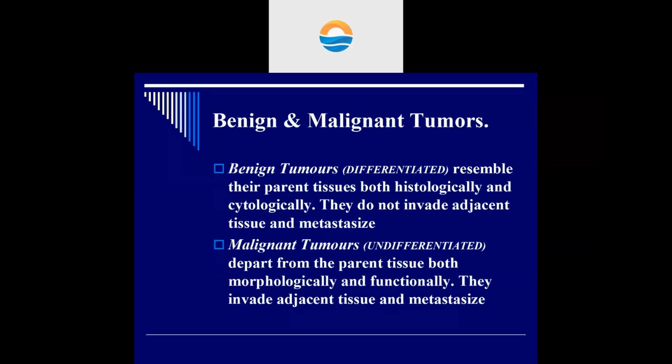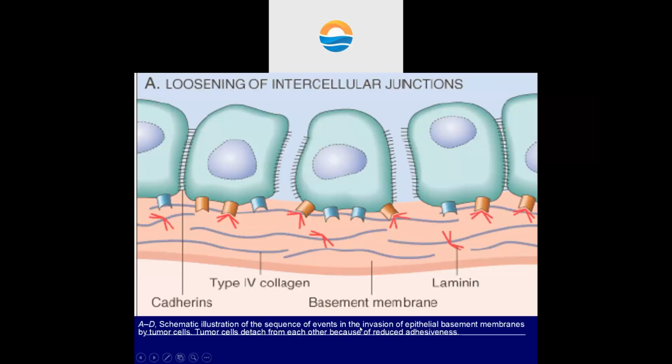Benign tumors resemble their parent tissue, both histologically and cytologically. They do not invade adjacent tissue and do not metastasize. Malignant tumors, also called undifferentiated tumors, depart from the parent tissue both morphologically and functionally. They invade adjacent tissues and also have metastatic properties.